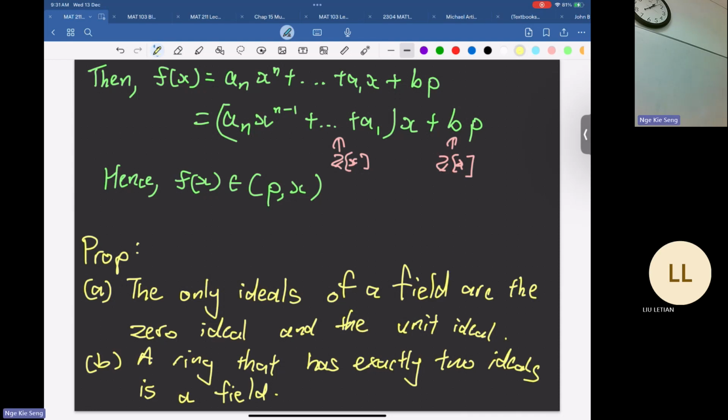You take any element in your field and generate an ideal with it. What's a unit ideal? The unit ideal is the principal ideal generated by what? If I take any non-zero element in the field and generate the ideal, do I always get one inside my ideal or not?